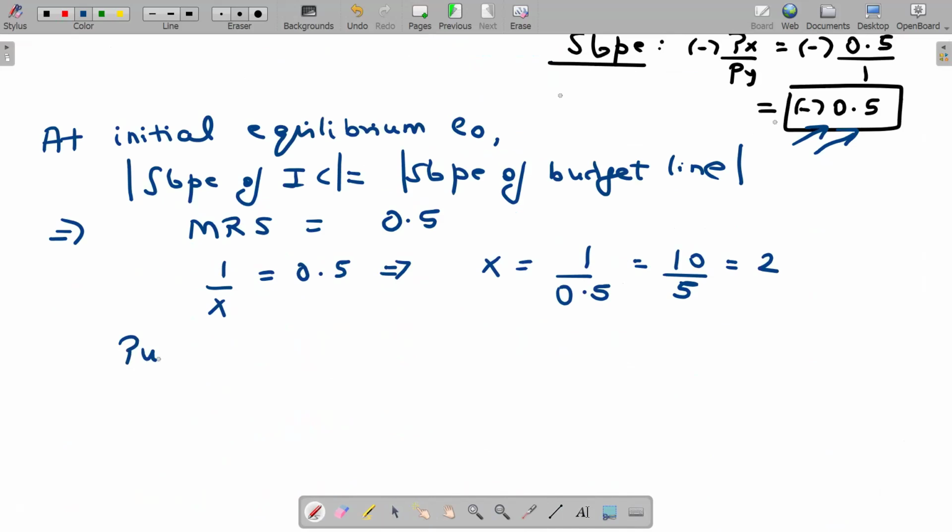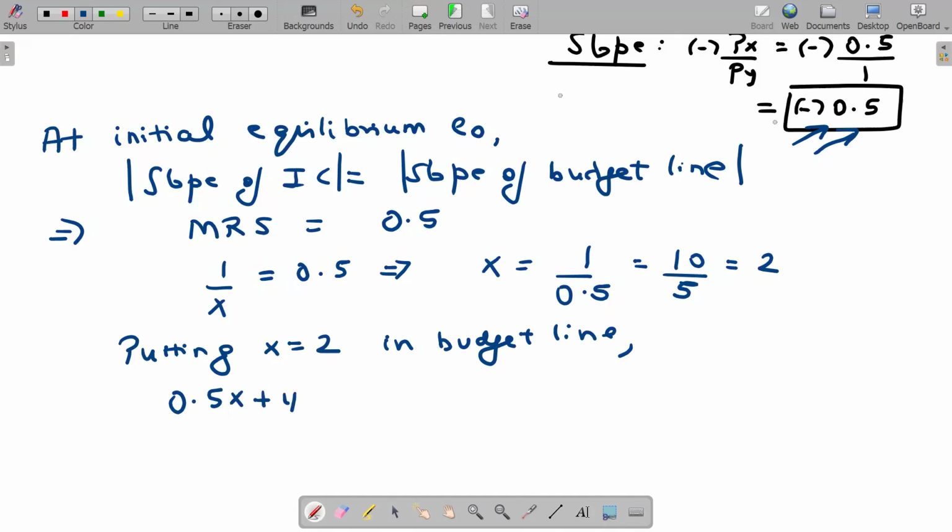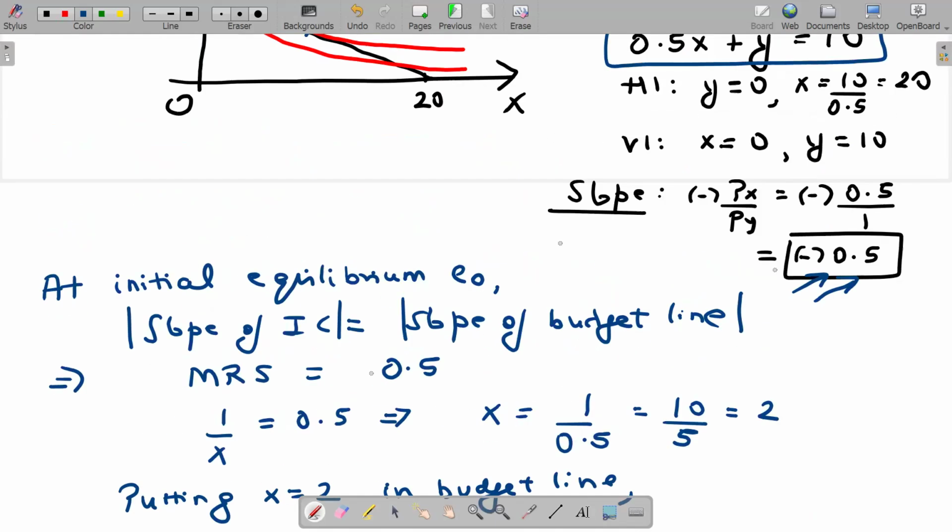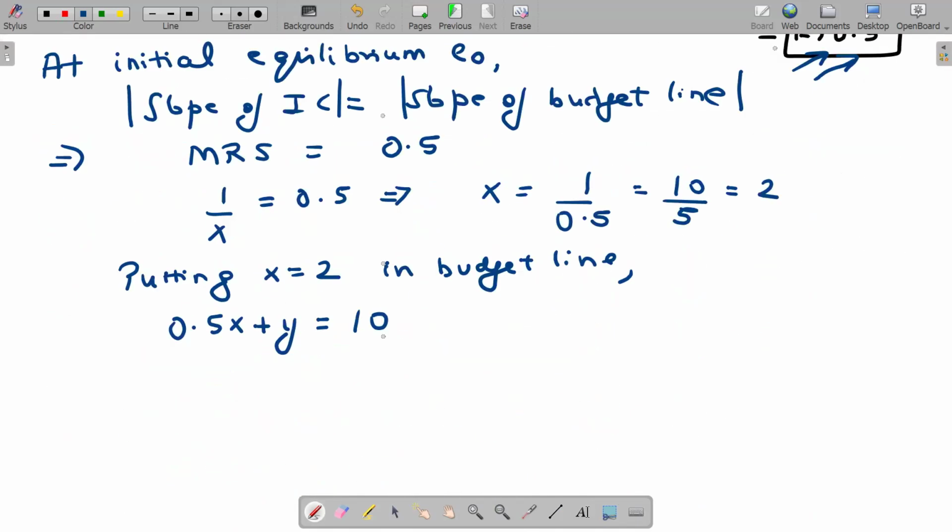Putting x equal to 2 in the budget line, because my equilibrium should lie on the budget line. This is my budget line equation. Okay, put x as 2. 0.5 times 2 plus y equals 10.